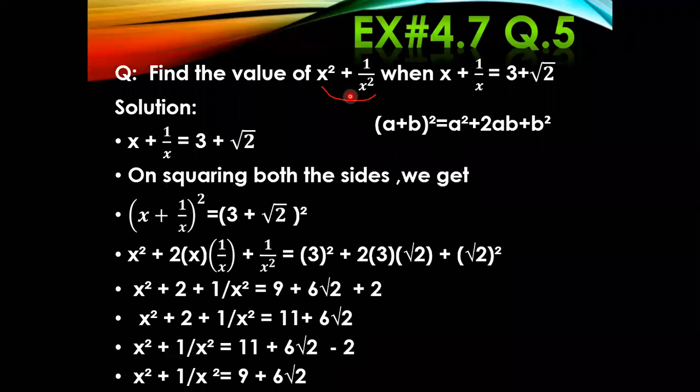Okay, for this you will take the square root on both sides, and then you will apply this formula on both sides, because on this side you have term A and this side you have term B. Again on the right side you have term A and on the left side you have term B. So you will open the formula on both sides and then simply solve it with respect to the given operation. So the value of x square plus 1 upon x square is equal to 9 plus 6 under root 2, and this will be our answer. Clear? Now move on to the next one.